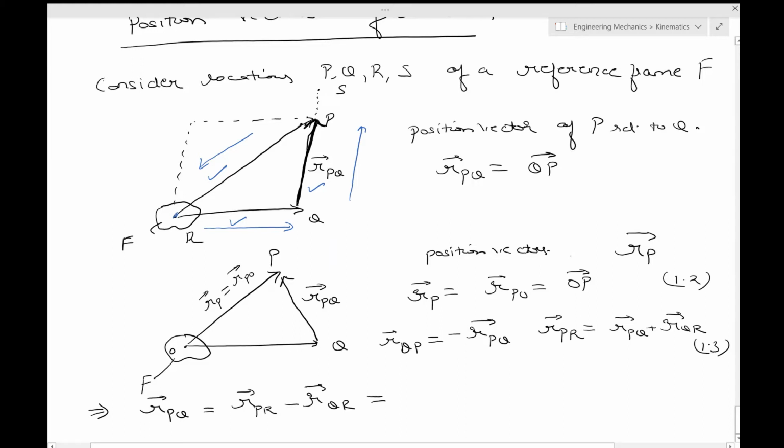Now RPR, so this can also be written in terms of the point O. So this would be RPO minus RRO. I think I should draw this separately, slightly ahead.